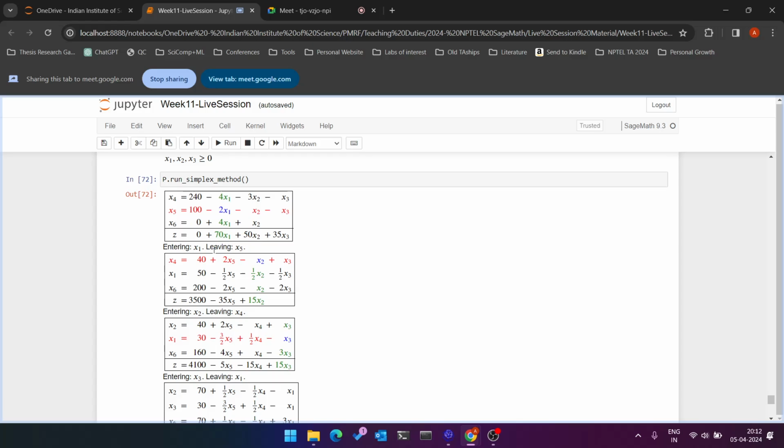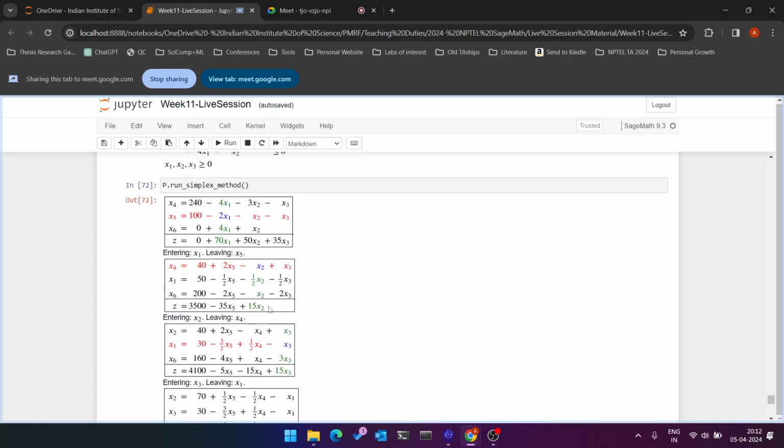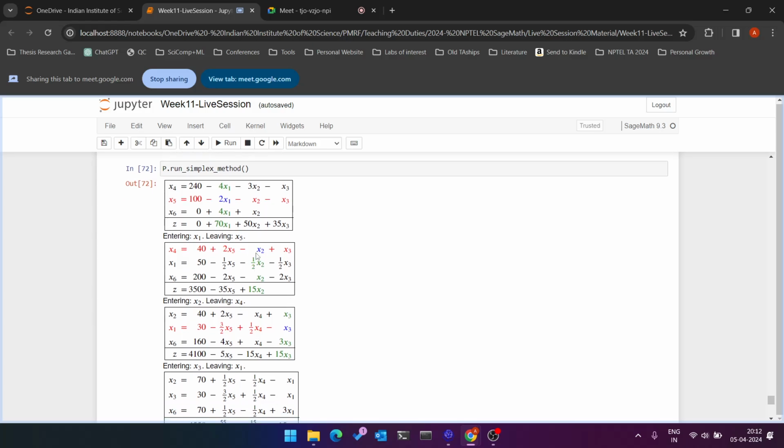Next, to figure out which vertex to pivot to, again we look at z. We see that 15x2, x2 being the variable on the right hand side, has the largest positive coefficient, and with this in mind we look at where x2 occurs.